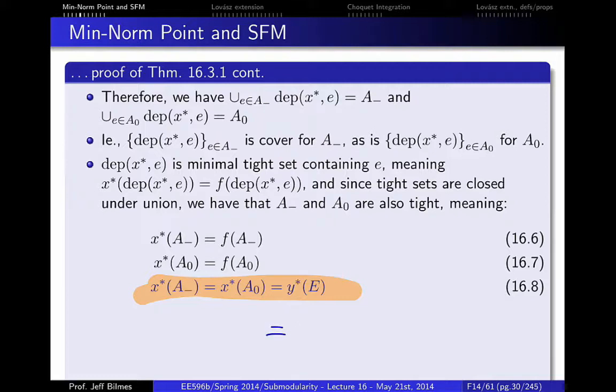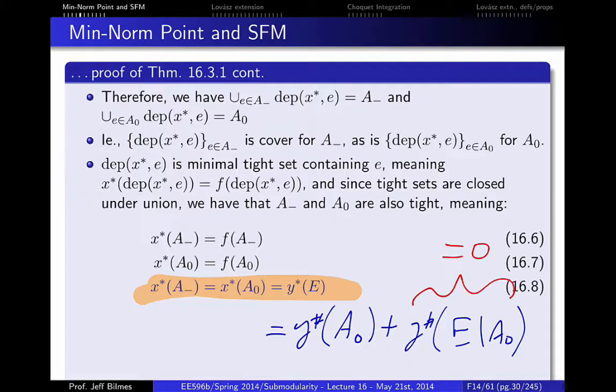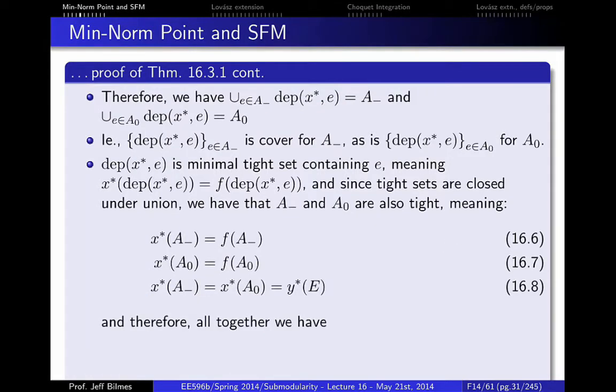Remember, this is equal to y star of A naught plus y star of E except for A naught. But all of this stuff up here is all equal to 0, right? So that means we've got equation 16.8. And then we group all these equations together, we have this string of equalities, that they're all the same valuation.